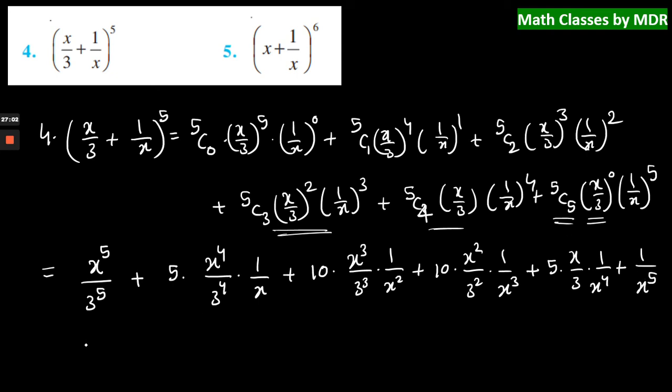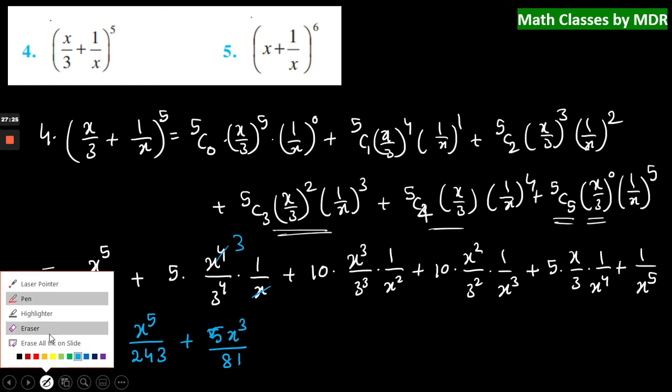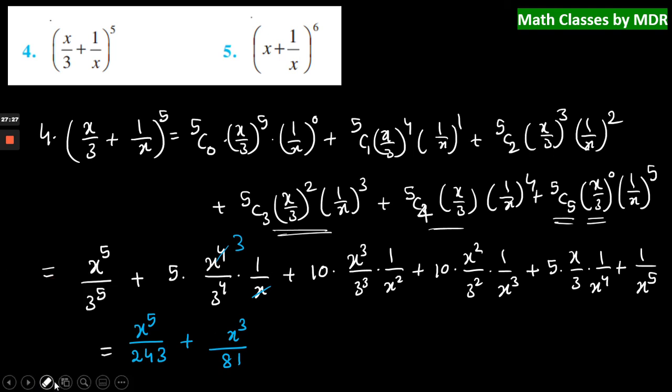Now we can simplify it and we can write, right? So this will be equal to x to the power 5 by 3 to the power 5, that is 243, plus, so this gets cancelled and we'll get 5x cube by 81, plus 10 by 3 cube and x square, and this will get cancelled, we'll have x here.